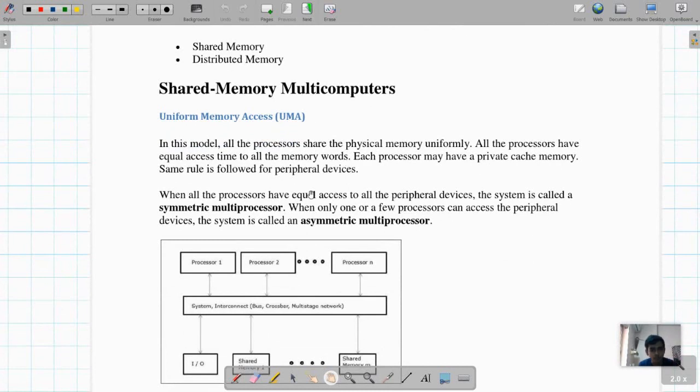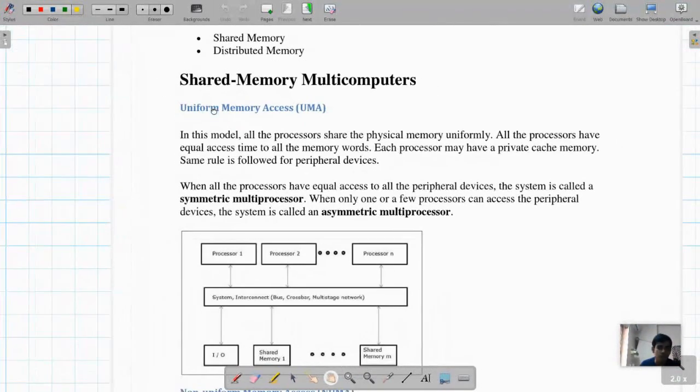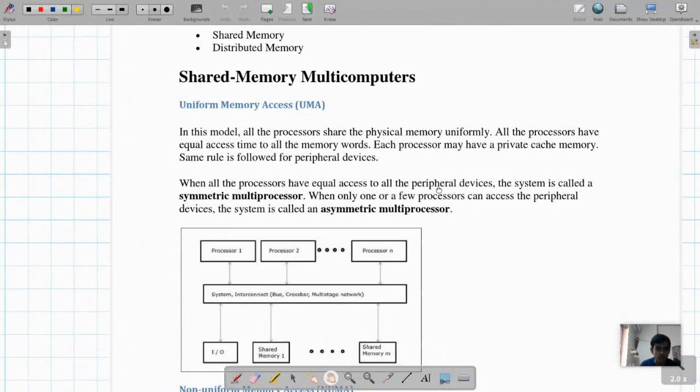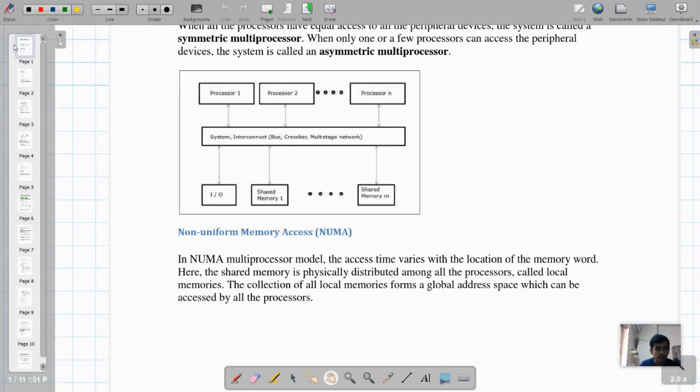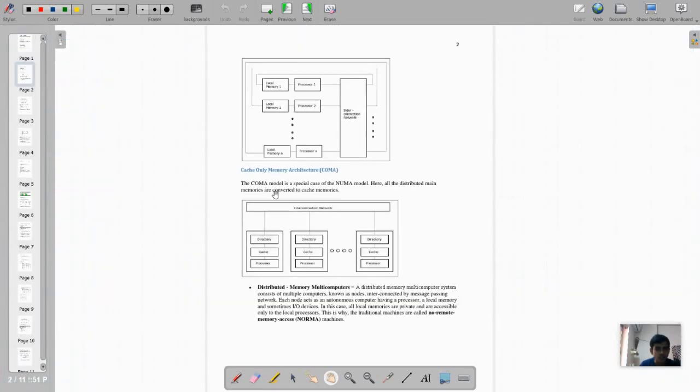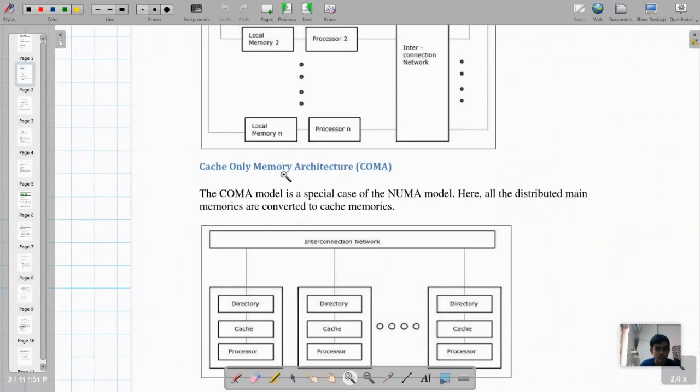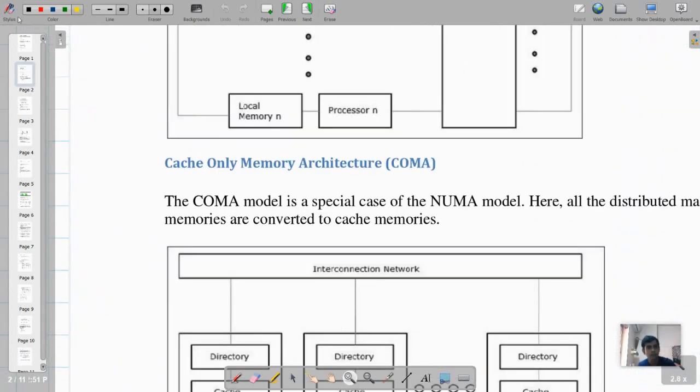In shared memory multi-computers, the memory unit as a whole is shared by different processors in your computer, and they can again be classified into three categories: uniform memory access, UMA model, then non-uniform memory access, NUMA model, then cache-only memory access, COMA model, right?